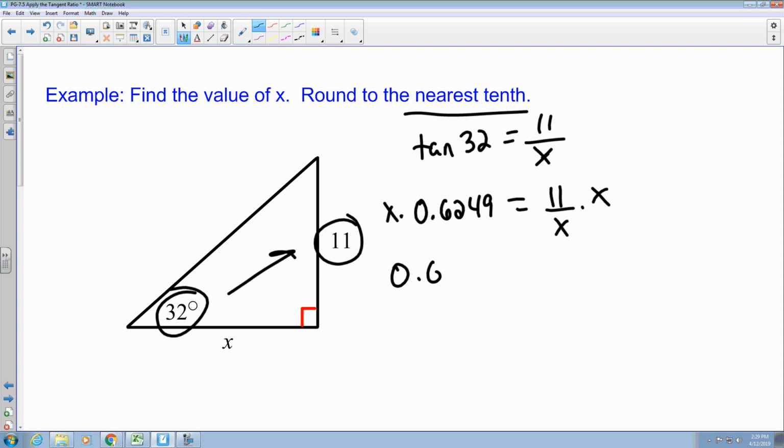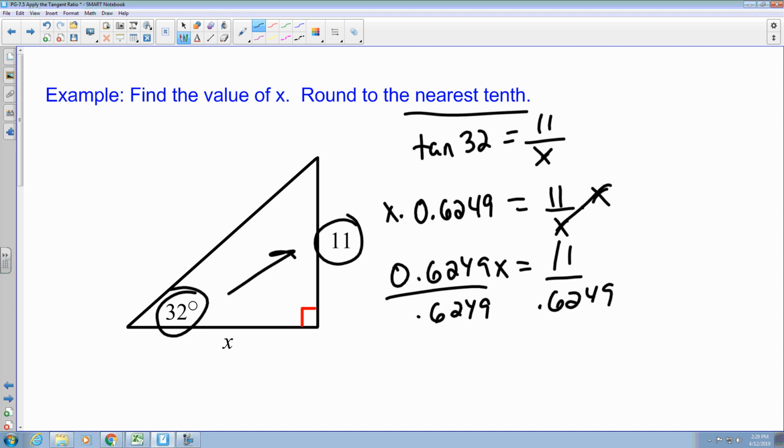So now I have 0.6249x is equal to 11. I have to divide everything by 0.6249. 11 divided by 0.6249 is going to equal, x is going to be 17.6.